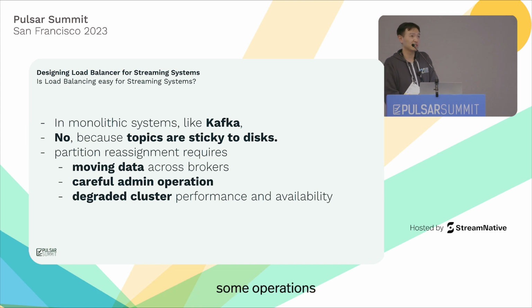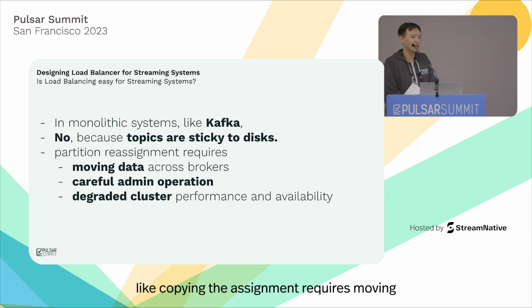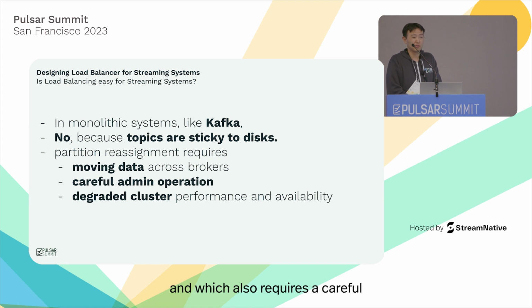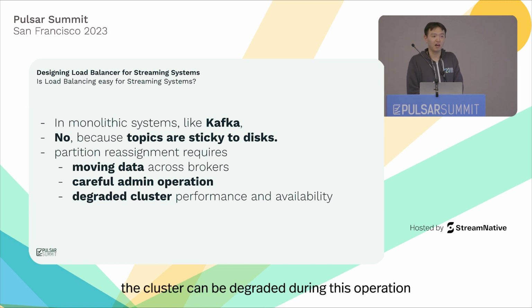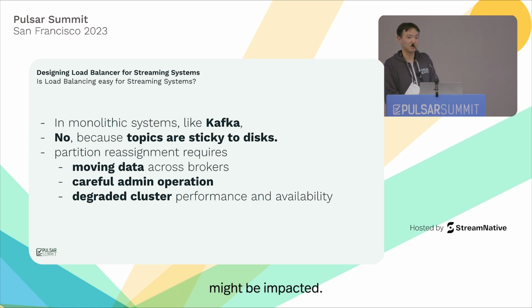Some load balancing operations like topic reassignment require moving data across brokers, which is expensive and requires careful admin operations. That means the cluster can be degraded during this operation, and the availability of the cluster might be impacted.